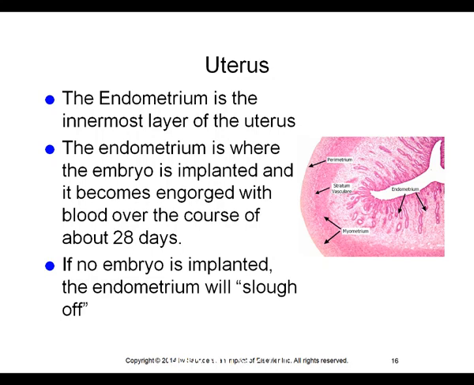So when females have their periods, the endometrium is actually sloughing out of the body, and that is why you have so much blood, because the endometrium is full of blood because it was preparing itself for the implantation of the embryo. And when that didn't happen, then the endometrium sheds, and the process begins all over again.